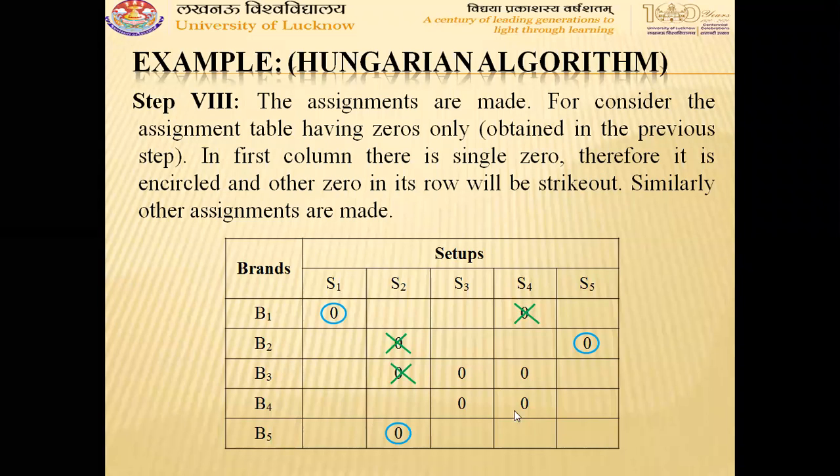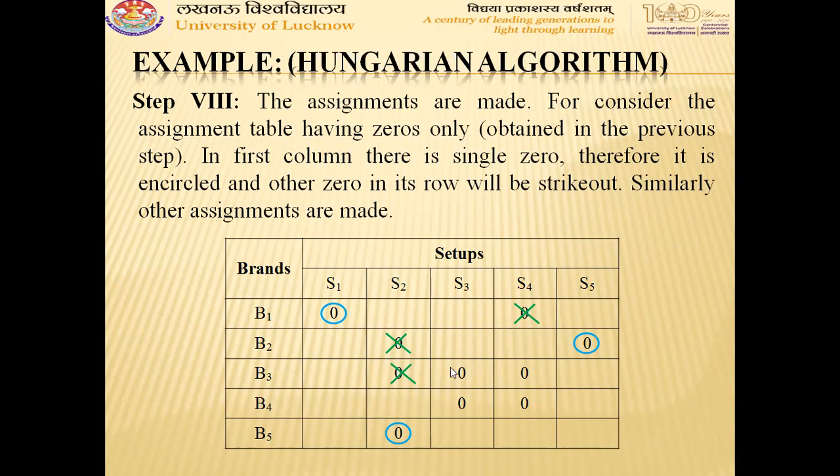Now in each remaining row and each column there are two zeros. We can arbitrarily select one of these four. I have selected this one, and the zeros corresponding to the column and row of this zero are crossed off. That is, these two are crossed off, then this one will be selected automatically.